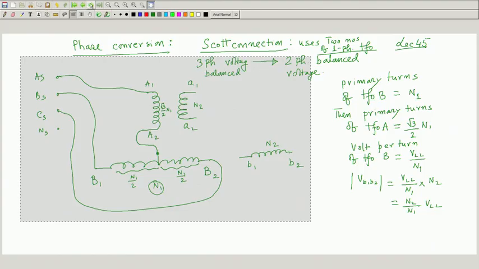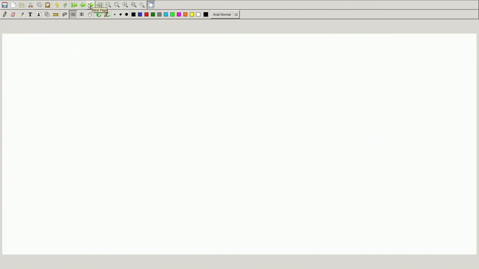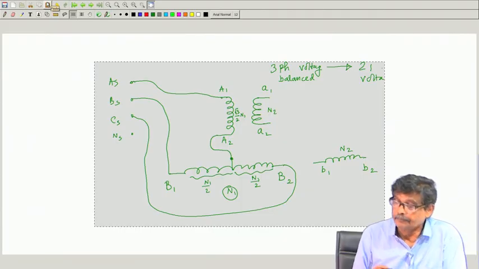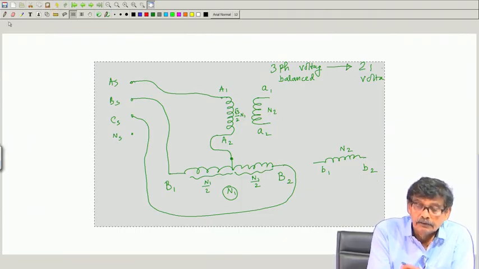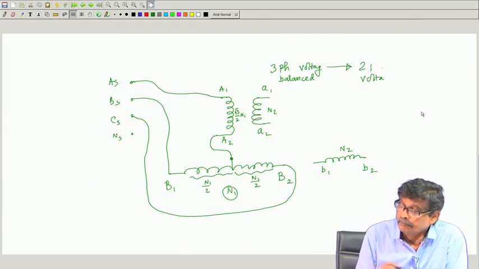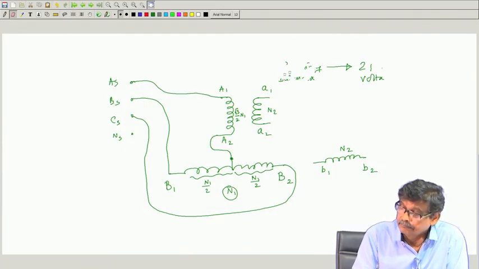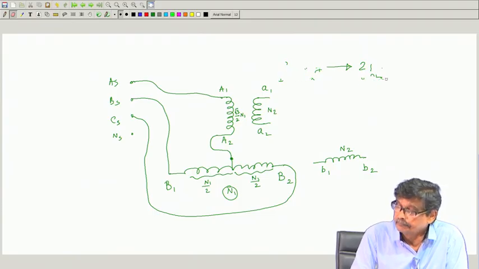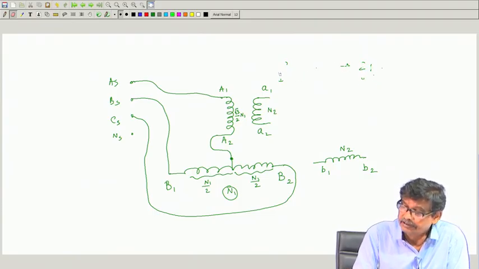Copy and I go to next page and paste it. Okay. So, that is the thing. Now, I will erase these things. So, this was the thing.